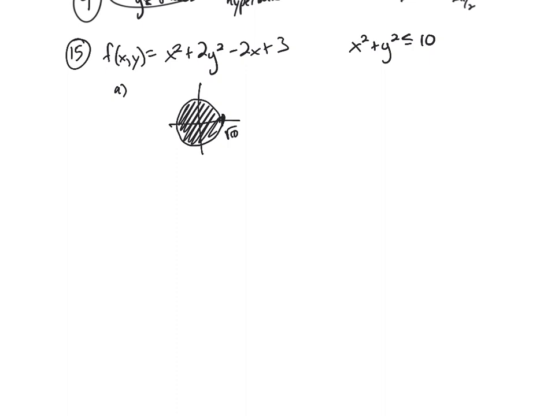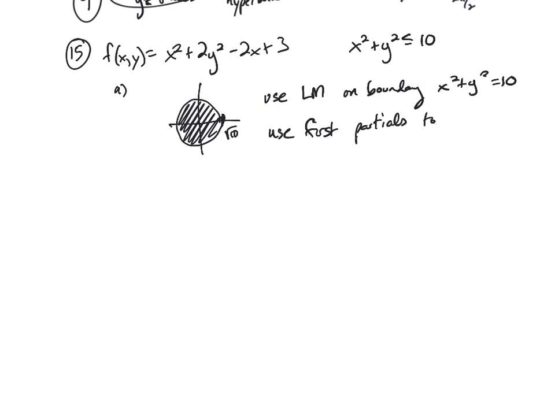And just as a note, we can use Lagrange multipliers on the boundary, which is the edge of the circle. And then we have to use first partials to try to find critical points inside. In other words, when we're looking at this part.